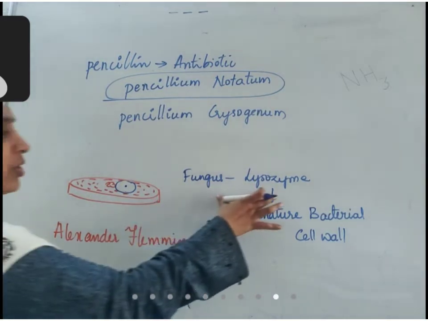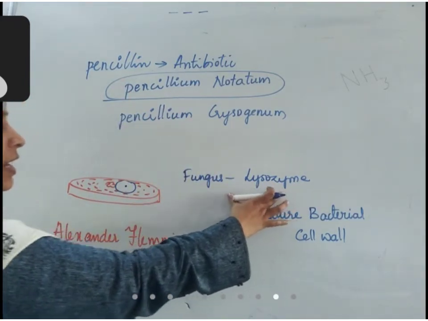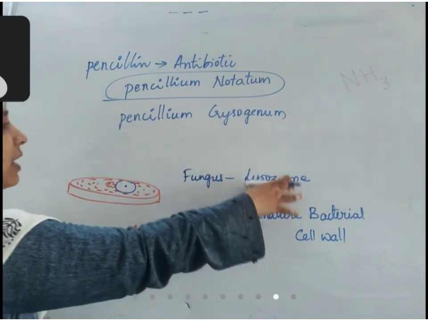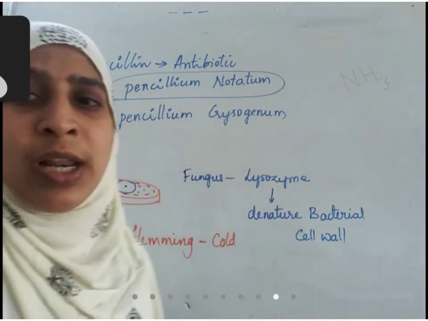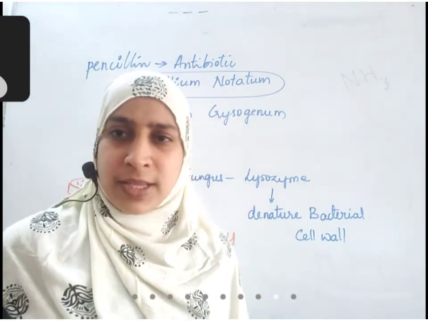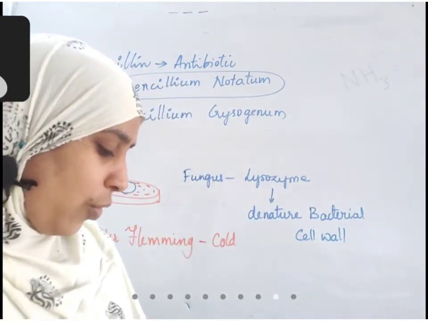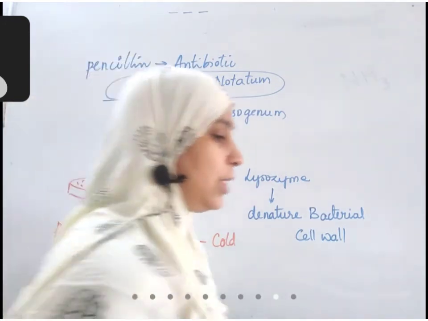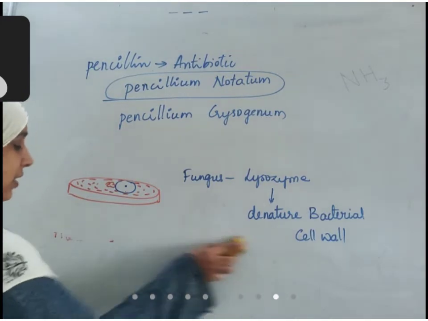When he understood this concept, he tried to extract this lysozyme enzyme from Penicillium notatum. When he was successful, he could make the first antibiotic called penicillin. Okay. So this is about the discovery of penicillin, right?